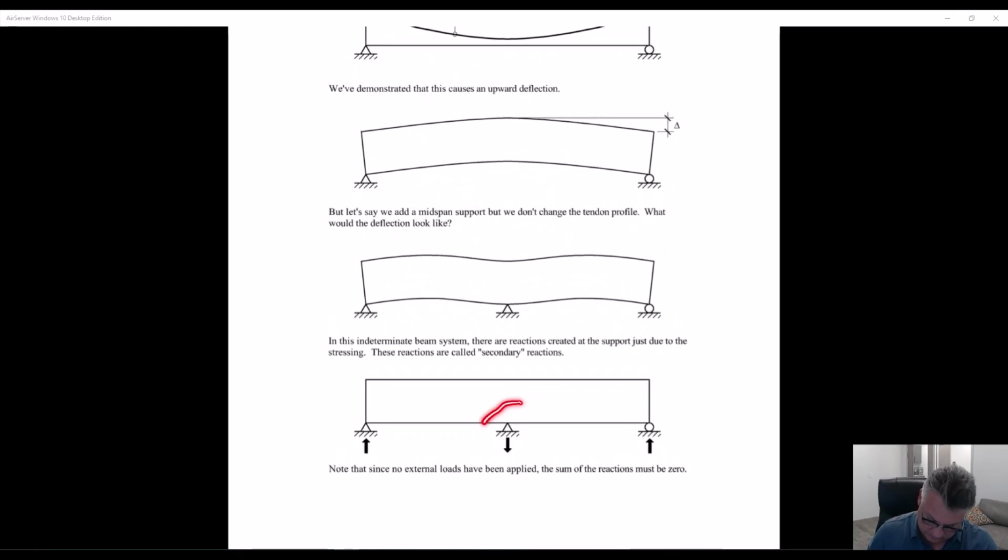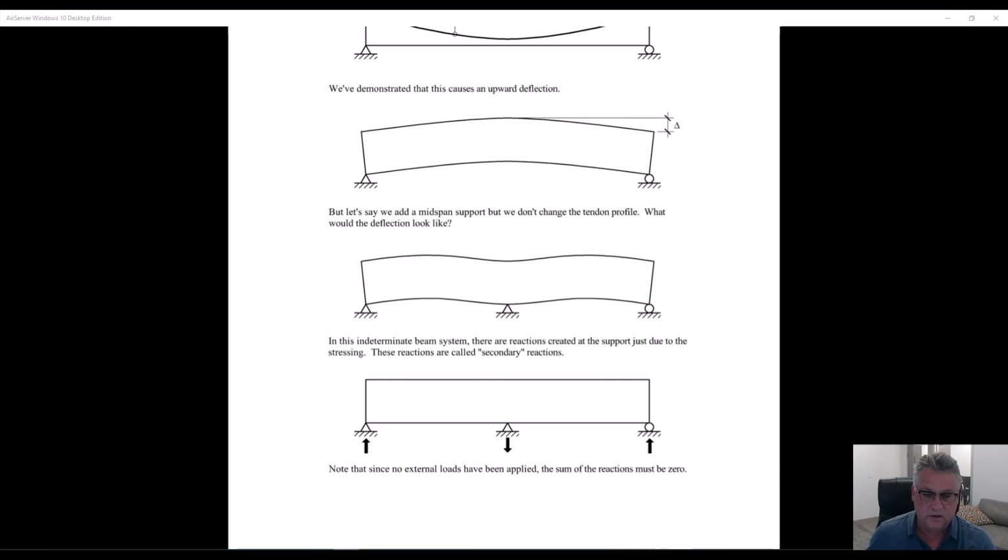We discussed that creates a true reaction. So, in statically indeterminate members, there are reactions created by pre-stressing, just simply due to the pre-stressing. There are no loads. We're back to that weightless, loadless beam.